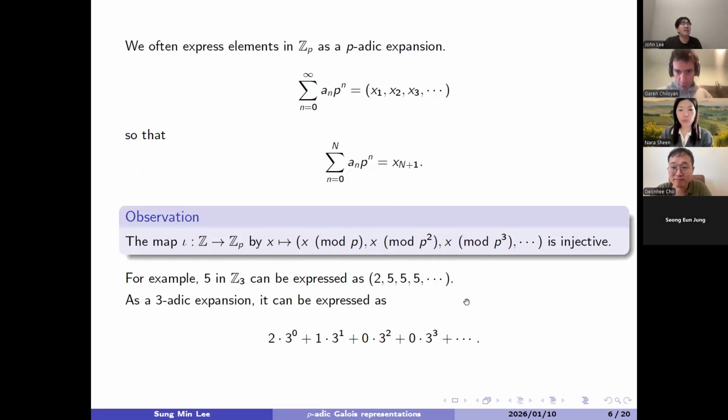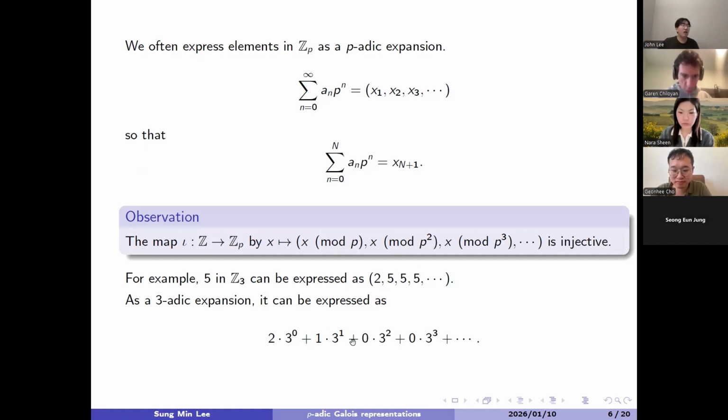I think this is quite an easy way to understand that this is 5, but we can also write it down as an infinite series. The first coefficient is 2, the second coefficient is 1, and all the later coefficients are 0. Then you can see the first entry should be 2. The second entry should be 5, so that 2 plus 1 times 3 is 5.